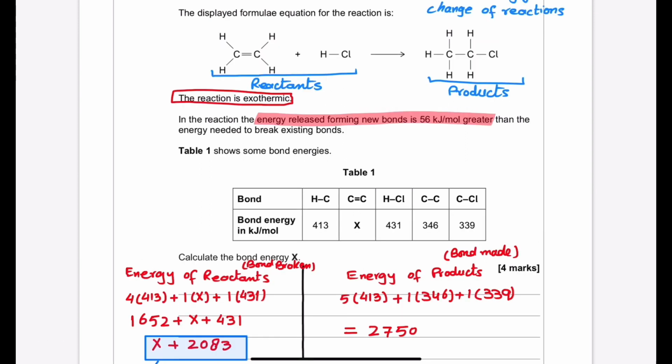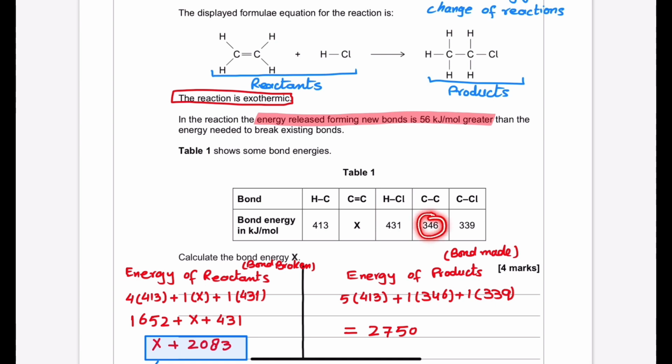On the right side we have the product which is called chloroethane. We have different kinds of bonds present here, 1, 2, 3, 4, and 5. There are 5 bonds present between hydrogen and carbon. So 5 times the energy of hydrogen and carbon plus there is a bond present between carbon and carbon, 1 times 346.